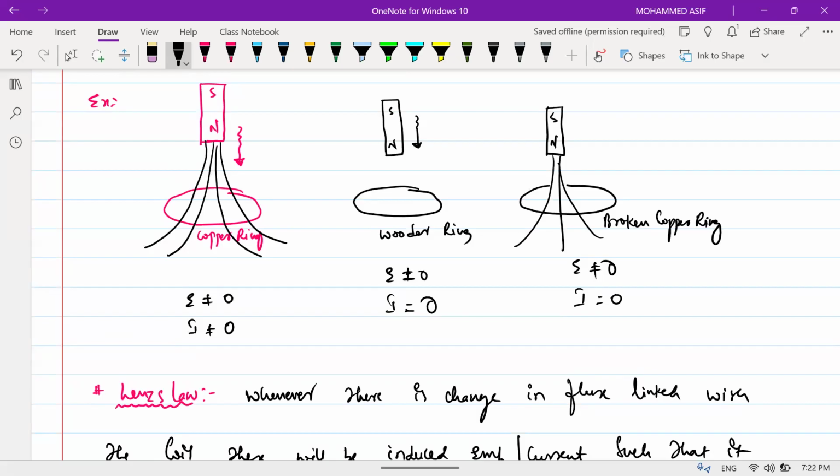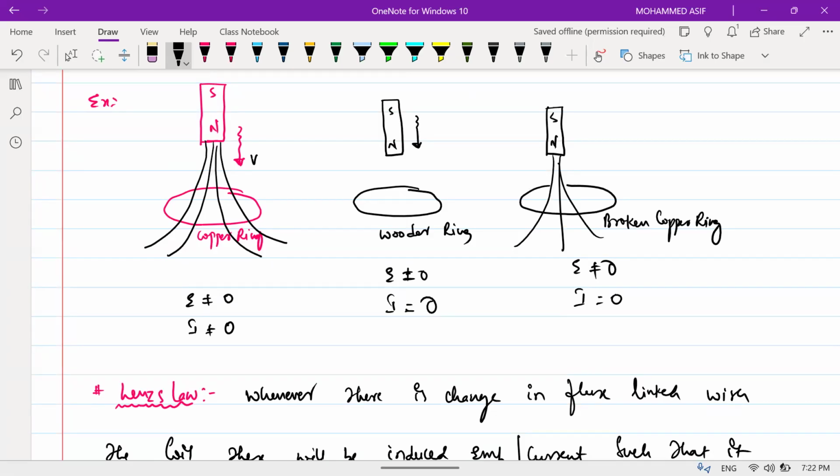The presence of magnetic field, that is the presence of magnet and the presence of coil, is not responsible for producing the current. What is responsible? Being a magnetic field, it should be moving with a certain velocity. There should be a relative motion. Am I clear? If there is no relative motion between copper coil and magnet, then there is no induced EMF and no induced current.